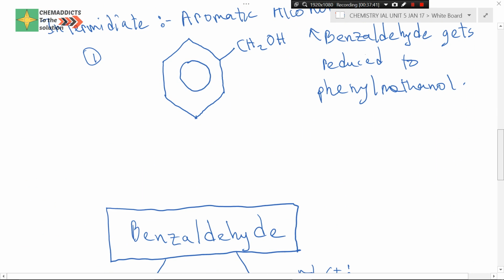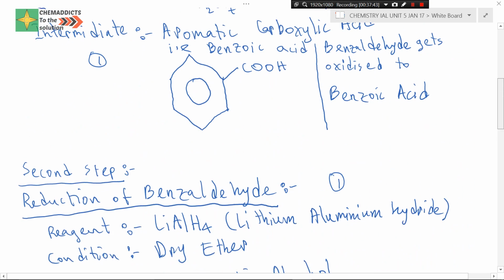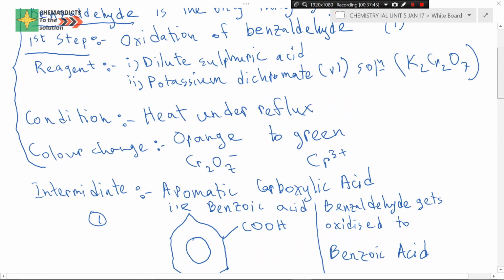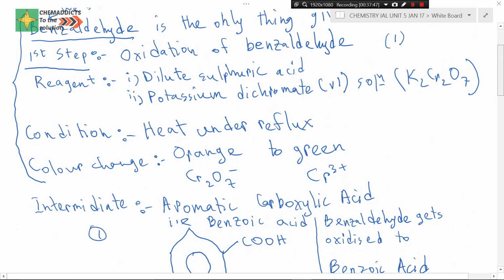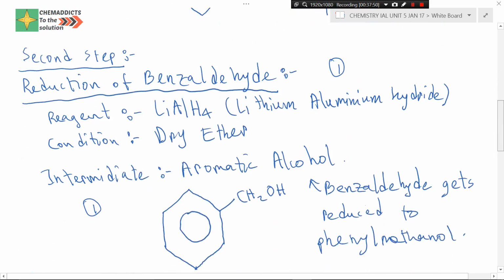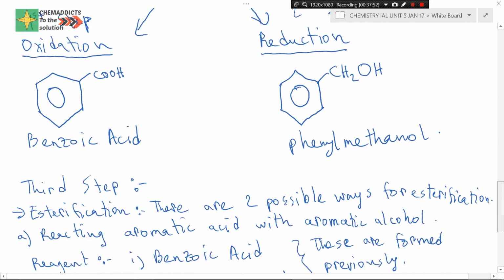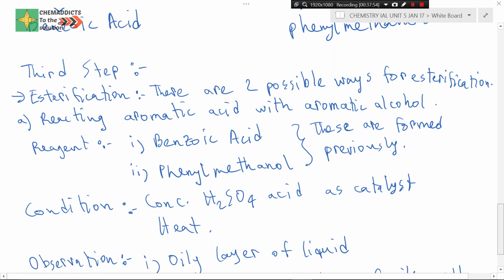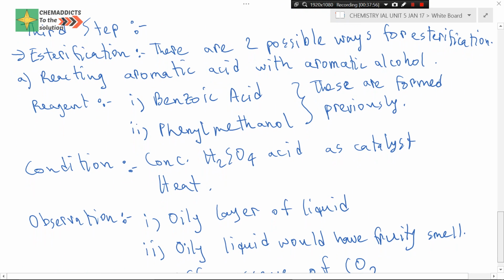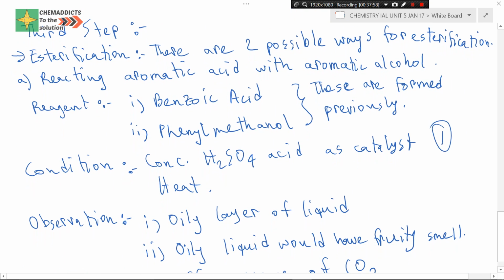So we have gained 4 marks so far. Another 1 mark is for esterification. We don't need to write all these things, we just need to write the reagent and condition.